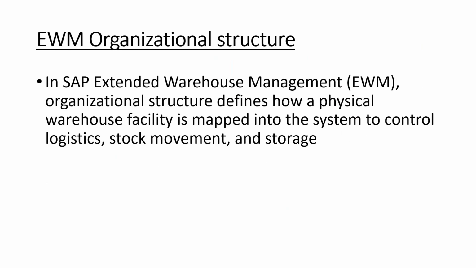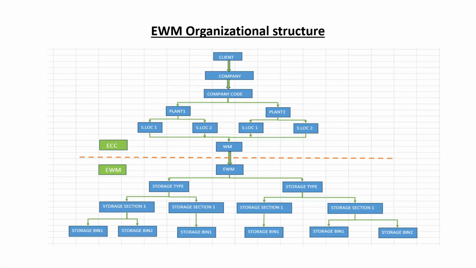In EWM, the organization structure defines how a warehouse facility is mapped into the system to control logistics, stock movement, and storage. So here we are mapping a warehouse with other departments.